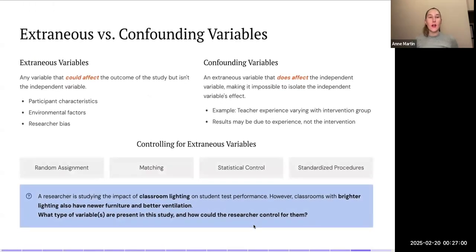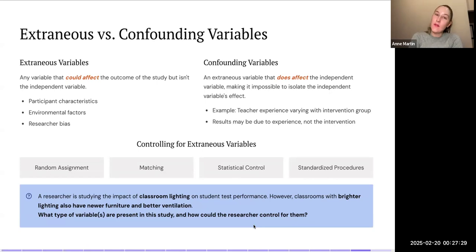Now, we also talked about extraneous versus confounding variables when it comes to threats to the validity of quantitative research. So again, variables are associated with quantitative research. So what is an extraneous variable? An extraneous variable is any variable that could affect the outcome of the study, but isn't your independent variable. So you know that in quantitative research, you want to understand the relationship between variables.